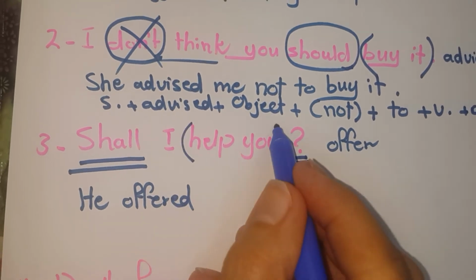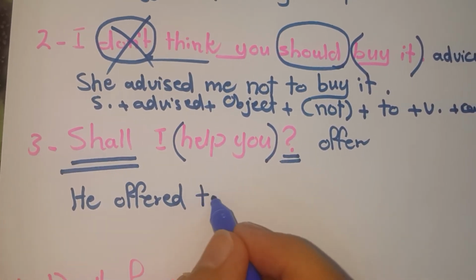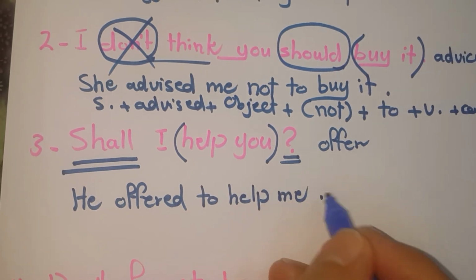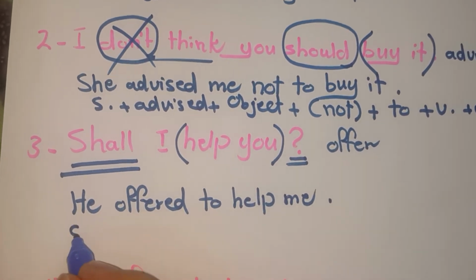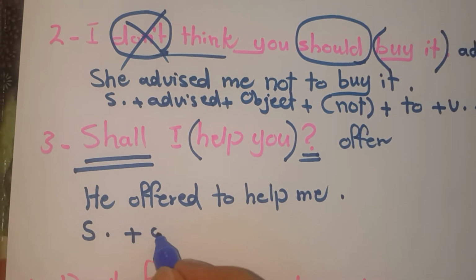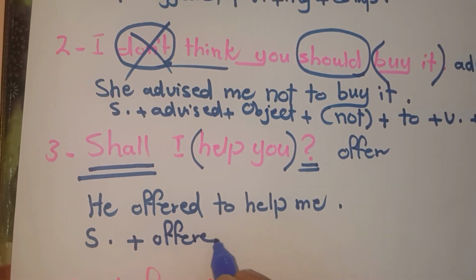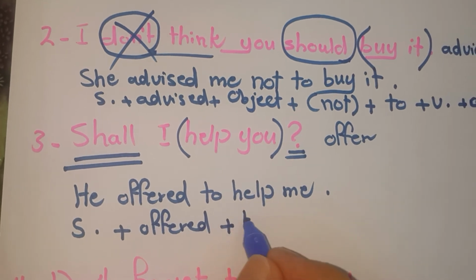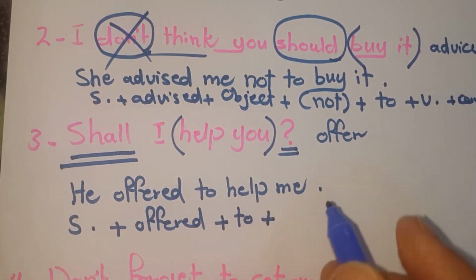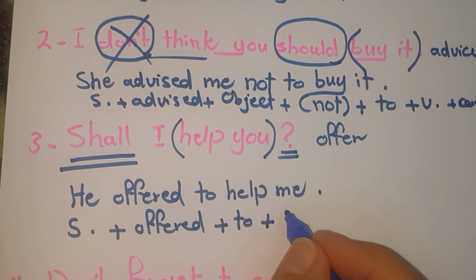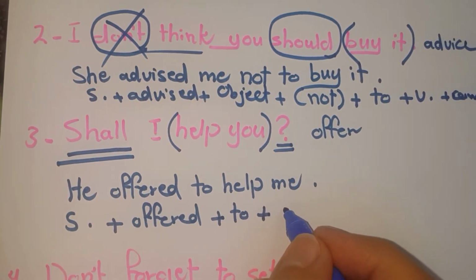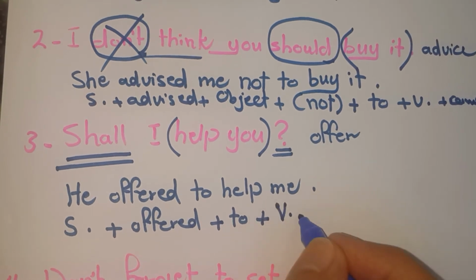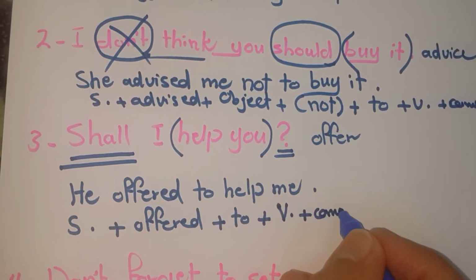She offered what? Help you. She offered to help me. So we have a subject, the verb offered, because we have an offer sentence, then to, and the verb in its base form and the complement.